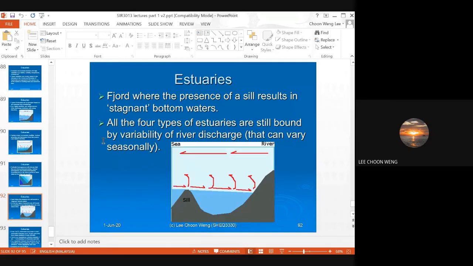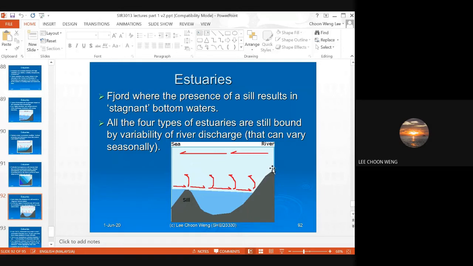So the last type of estuary is a fjord. These are usually very well studied in the Baltics, because they have a lot of these fjords where you have the presence of a sill and then you have stagnant bottom water here.